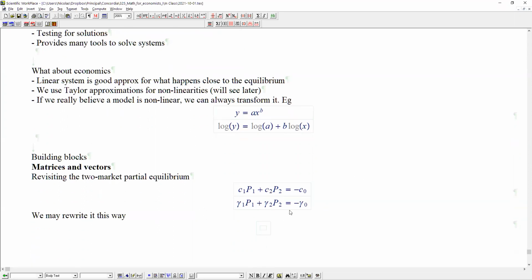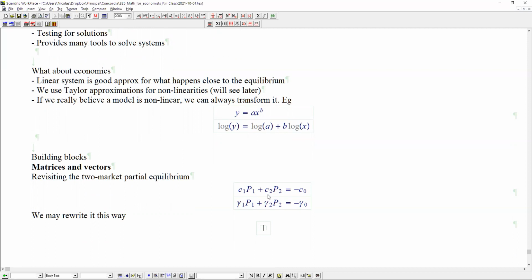What's wrong with this way of writing it? Well, it takes a lot of space. You see that P1 is written in two places and P2 is written in two places. So we want to save ourselves some effort, and consider this in a more structured way.